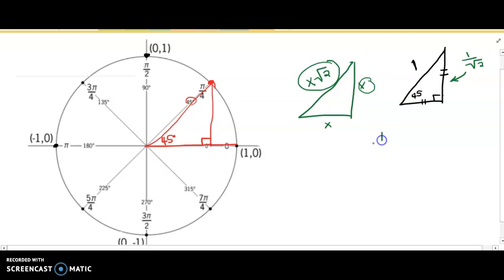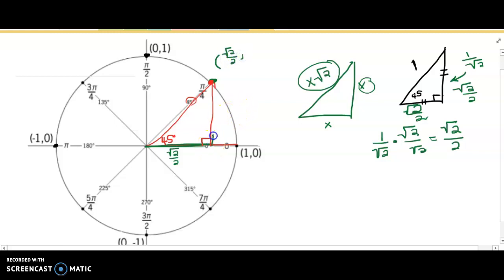Now if we simplify it, I'm going to multiply by square root of 2 over square root of 2, so I get just square root of 2 over 2. So each of these sides is square root of 2 over 2. So from here to here is square root of 2 over 2. Notice that's going to be my x coordinate right here, because I'm going right square root of 2 over 2.